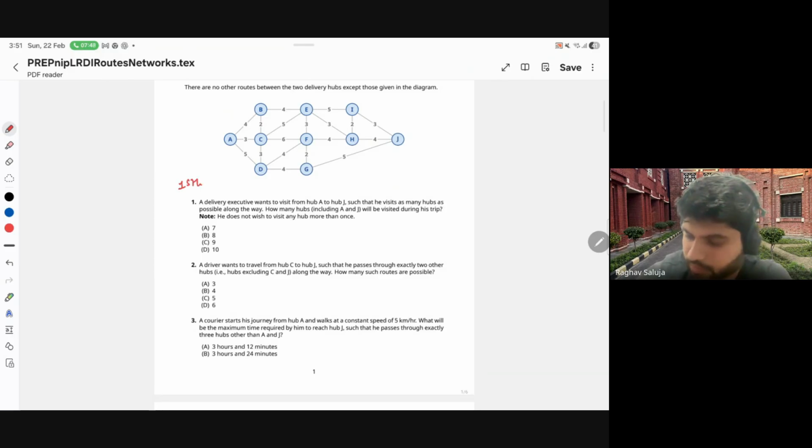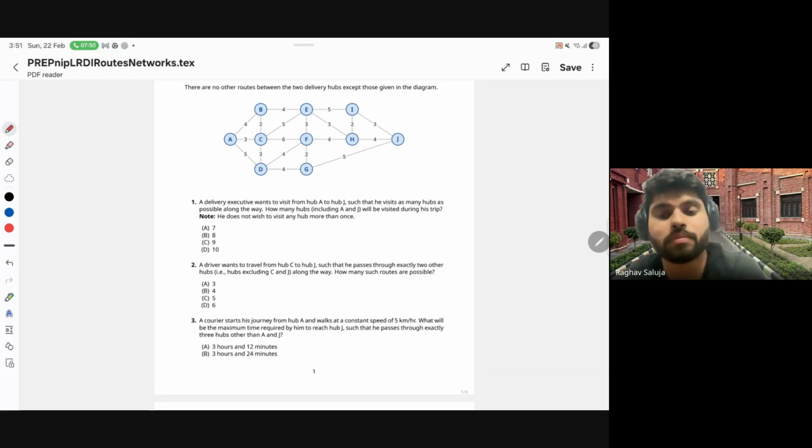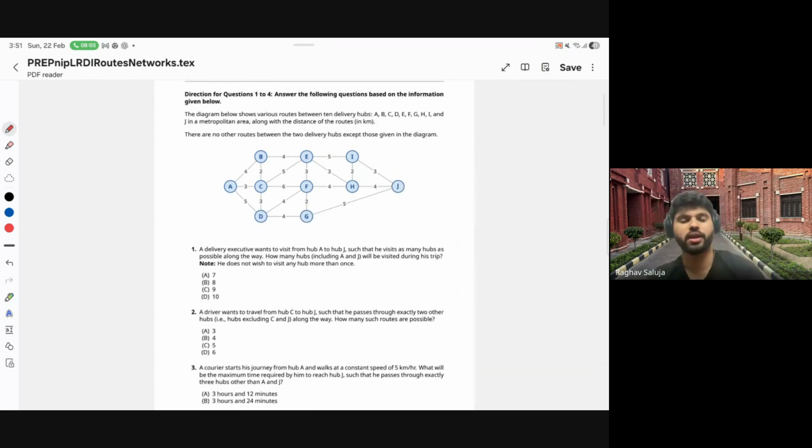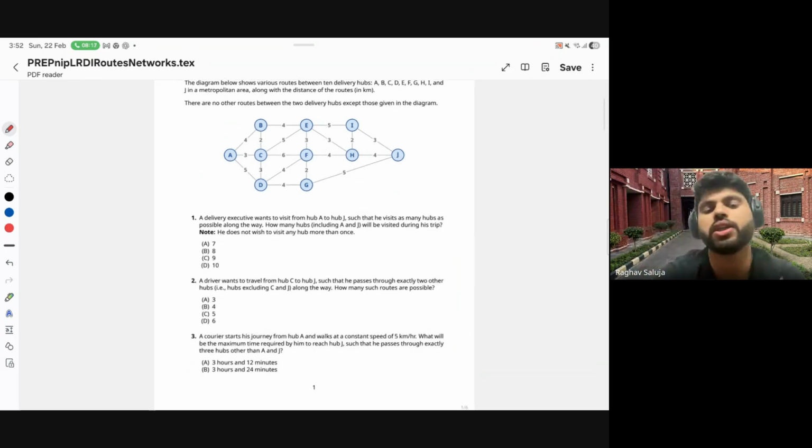So firstly, tell me, what is the maximum limit? What is the upper limit of hubs that anyone can visit from A to J, including A and J? 10. Because there are total 10 hubs here. So anyone can at max visit 10 hubs in the process of going from A to J, including A and J. So the answer for your first question cannot exceed 10.